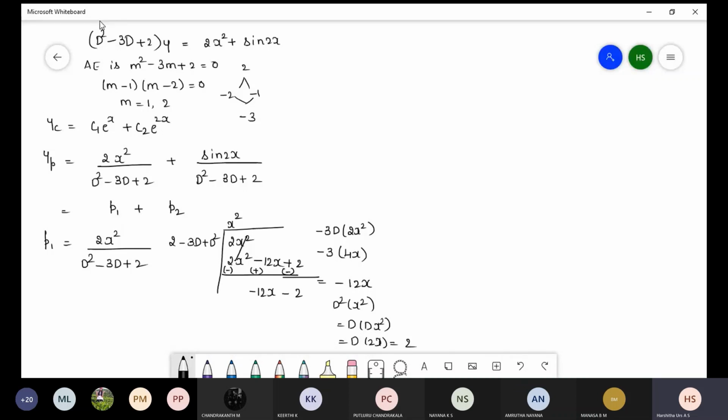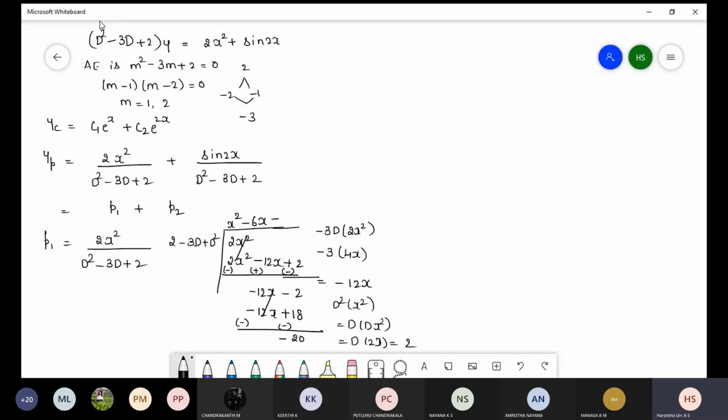Now to get minus 12x, we have to multiply by 6x. 6 into 2, 12. So minus 12x, again 6 threes are 18, differentiation of x is 1. So minus into minus, plus 18. Again change the sign.